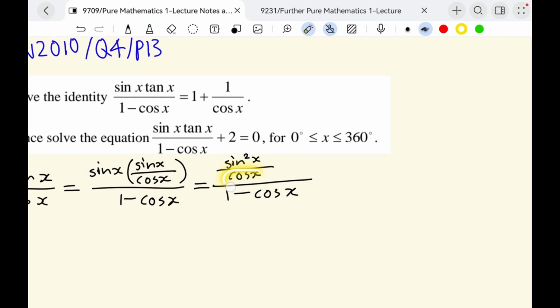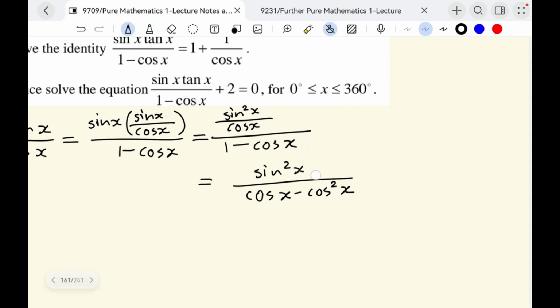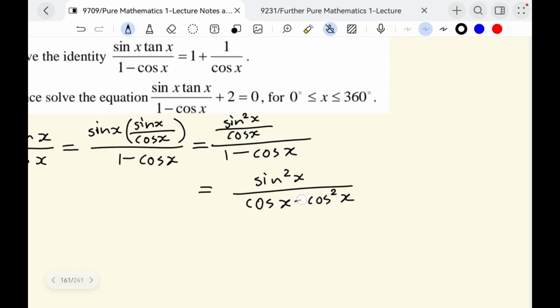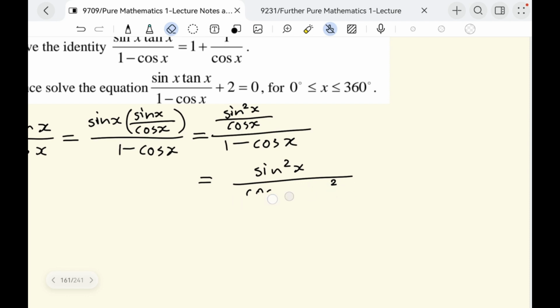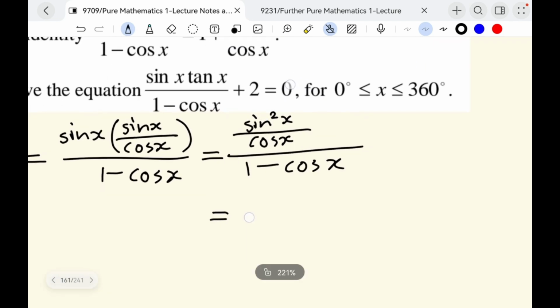Then let the cos x multiply by 1 minus cos x, so you get sine square x divided by cos x minus cos square x. Wait a minute, I don't think this step will lead to the answer, but I have a better way.